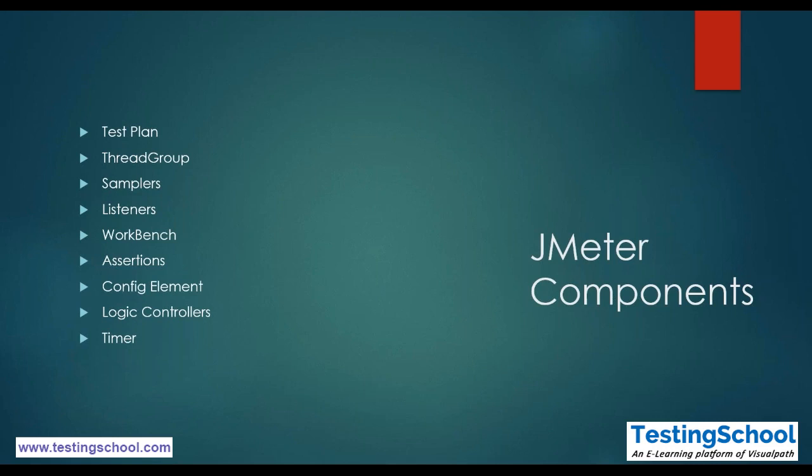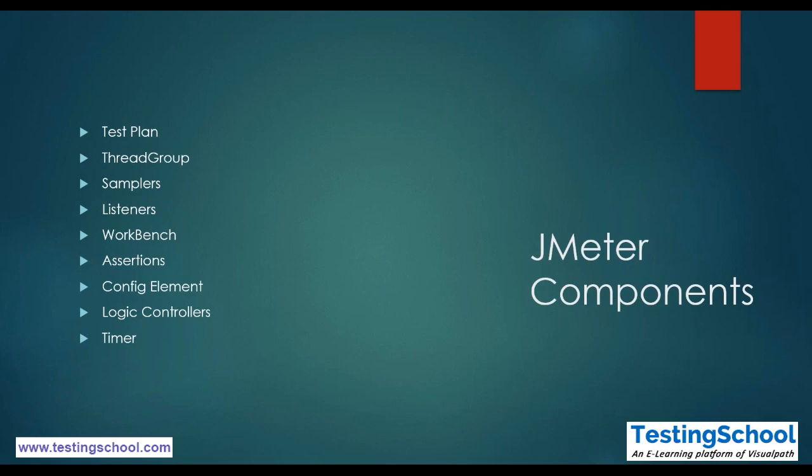When we say JMeter components, basically we have test plan, which is the highest level, and then we have thread groups. Then we have samplers and listeners. Samplers are nothing but the actual request which you will be preparing to hit the server.